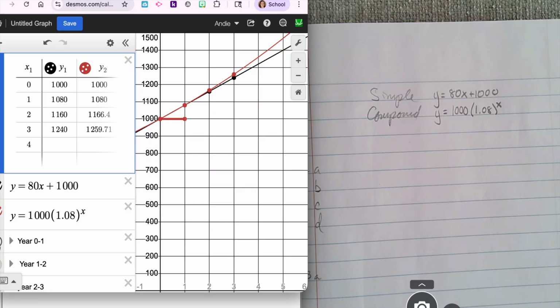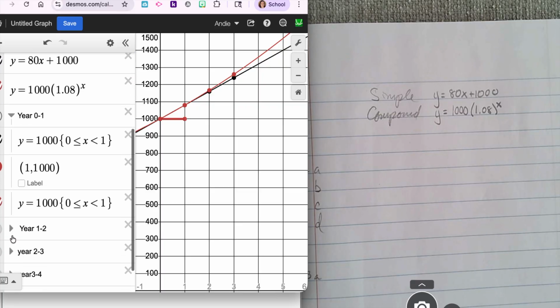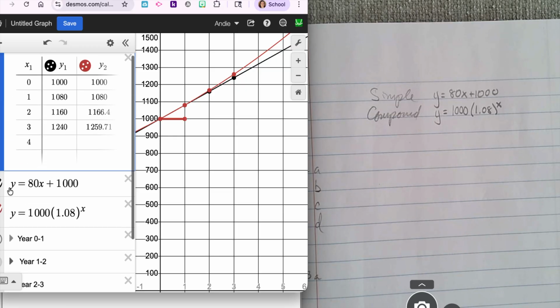Now I have to figure out, how am I going to address that? Because that's not quite what I'm seeing on my graph. Okay. And then if I think about year one, same thing would happen. I don't actually have $1,100 at some point in the account.